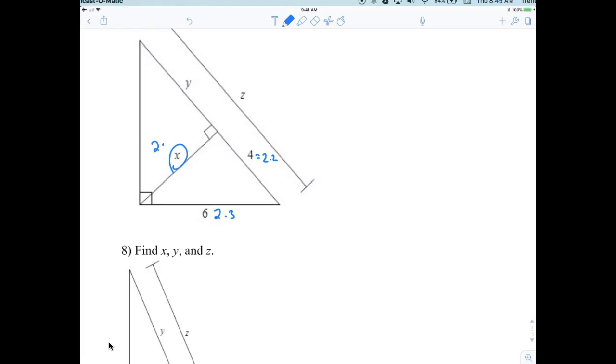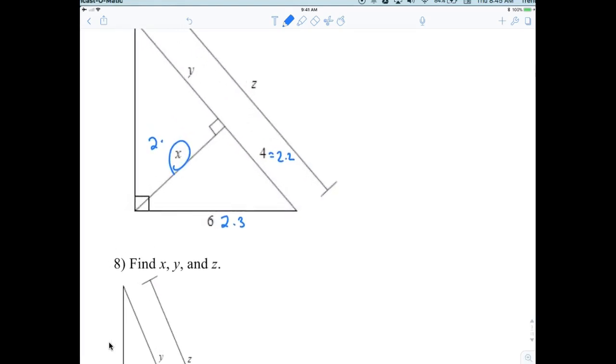Keep in mind, 3 is the hypotenuse, 2 is the leg. So 9 minus 4 is 5. So that's 2 radical 5.